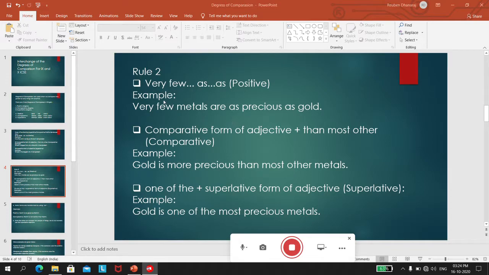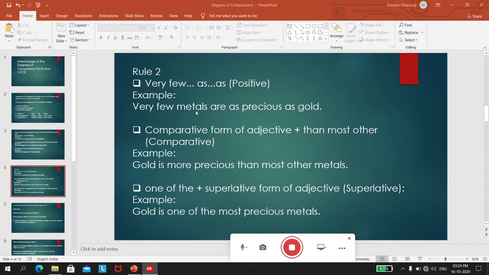Now, why is this sentence here? What is the meaning? When you're trying to understand rule number 2, first I'm asking you to understand the meaning of the sentence. Very few metals are as precious as gold. Of course, gold is a very precious metal.